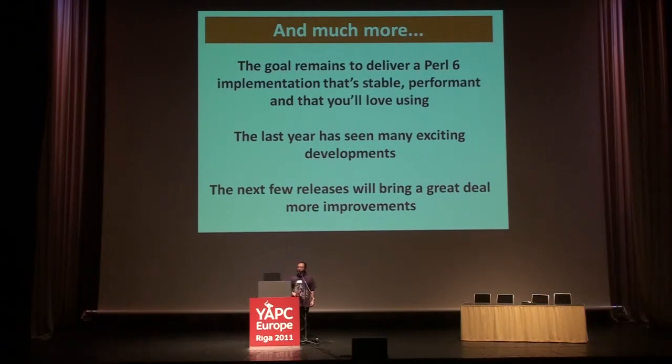The last year has been one of doing a lot of the less sexy work. It's been good fun. But the coming months, as we start to take all of this and build optimizers and build all of this cool stuff on top of it, is I think when we'll start to see some really nice performance gains, and Rakudo will take a big leap forwards in terms of usability.